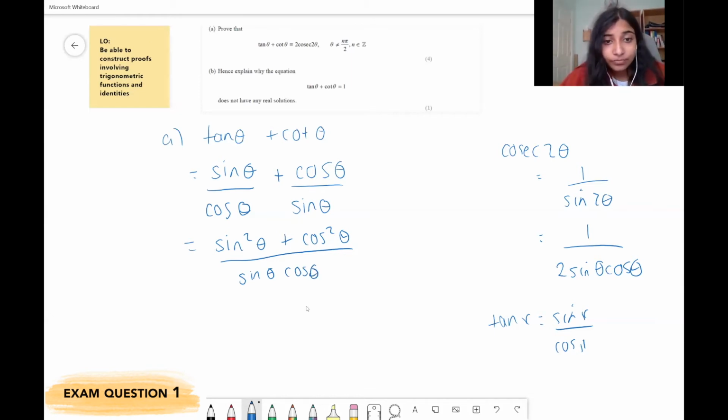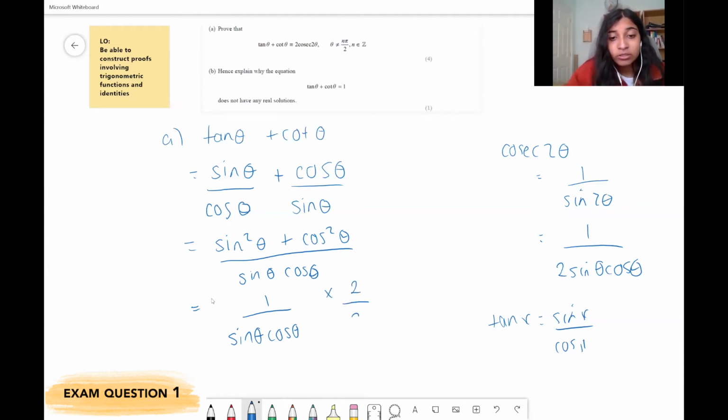Now, if we remember the identity of sine squared theta plus cos squared theta, that's just equal to 1, so we get 1 over sine theta cos theta.